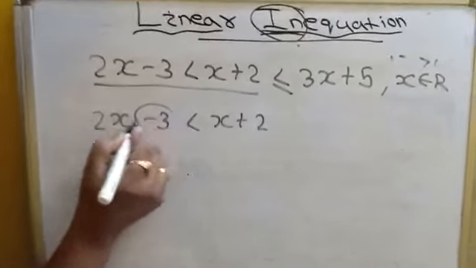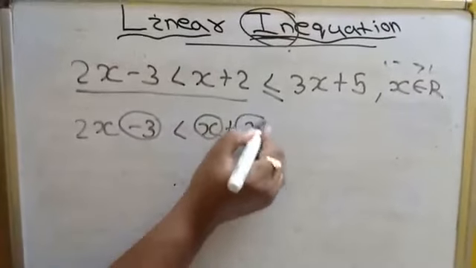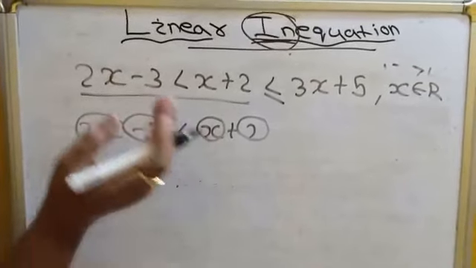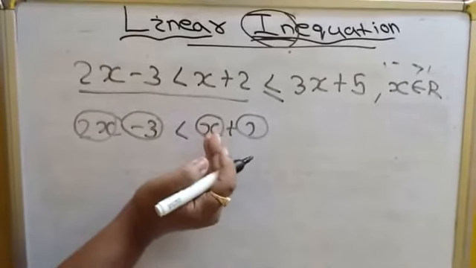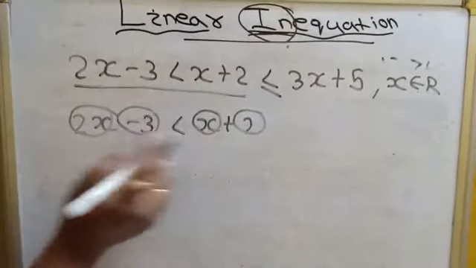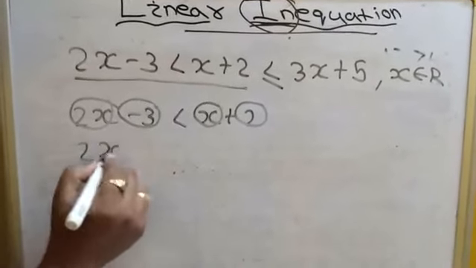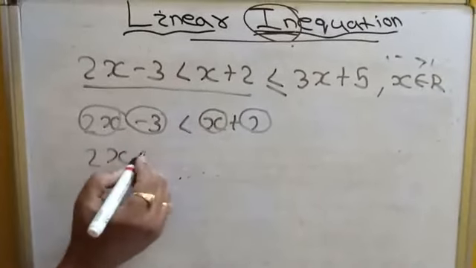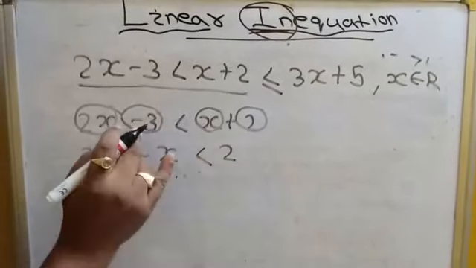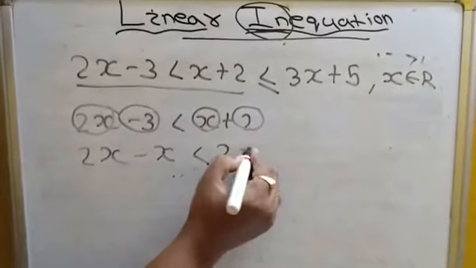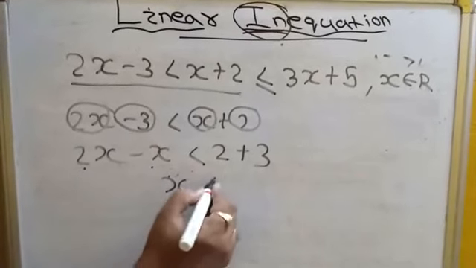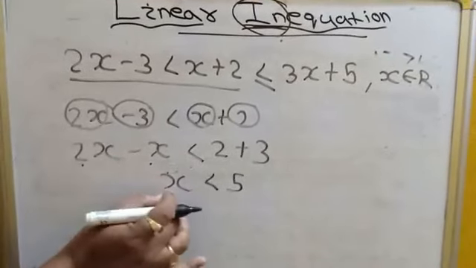Number of variables are coming, so you shift x to one side and the numbers to the other side. The x on the right shifts to the left side and becomes minus x. When minus 3 goes to that side, it becomes plus. So 2x minus x is x, less than 5. This is your first step.